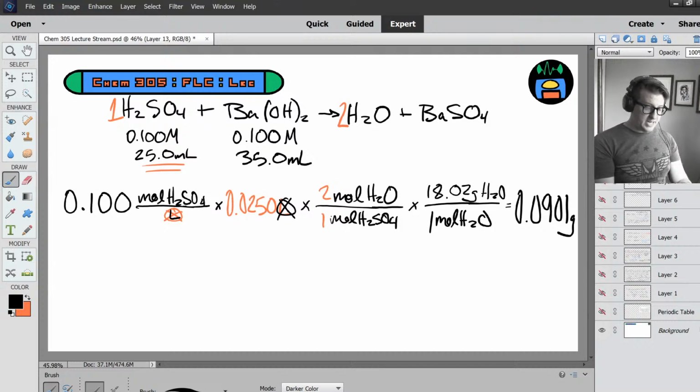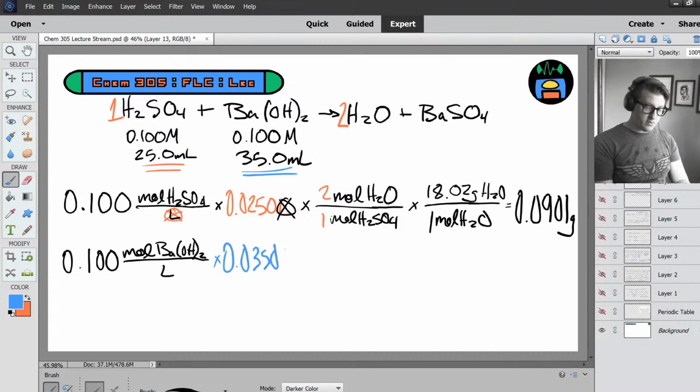Now we have to repeat this process with barium hydroxide, 1.00. Now, molarity is moles over liters, and we need to multiply this by our volume, but converted to liters, so 0.0350 liters.